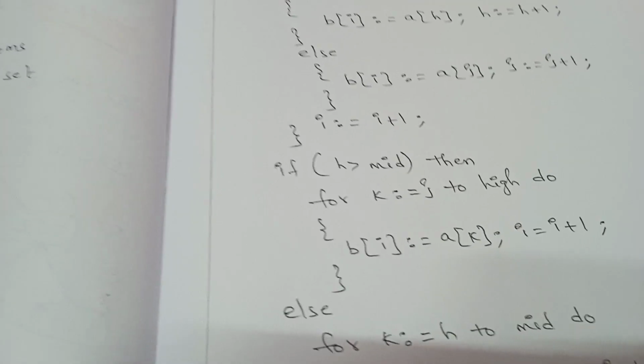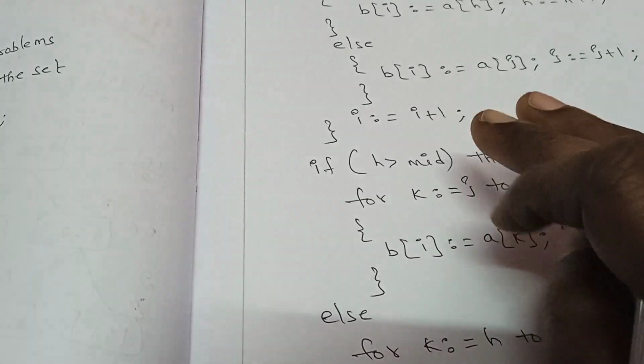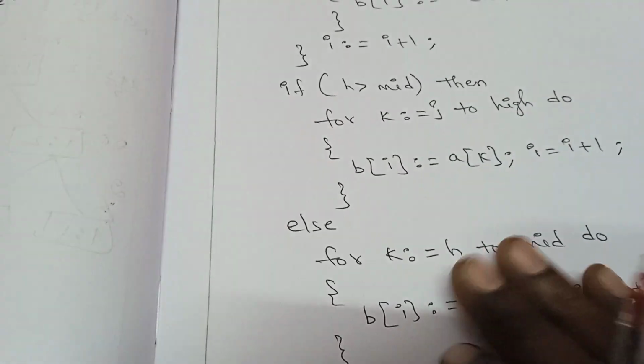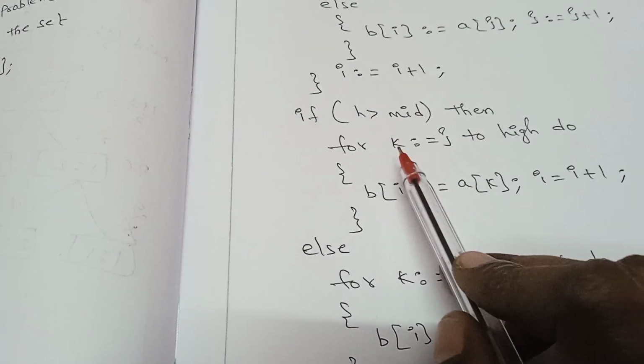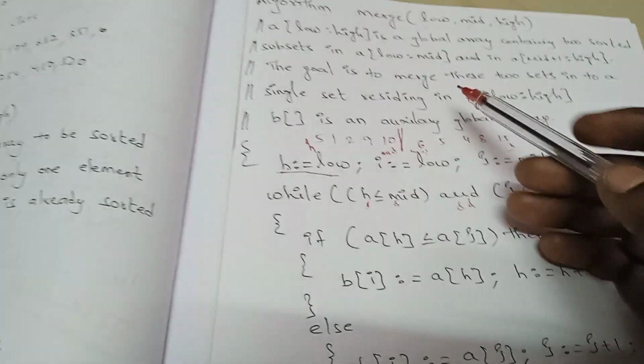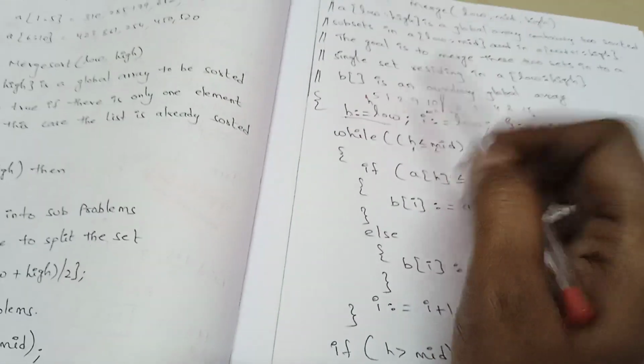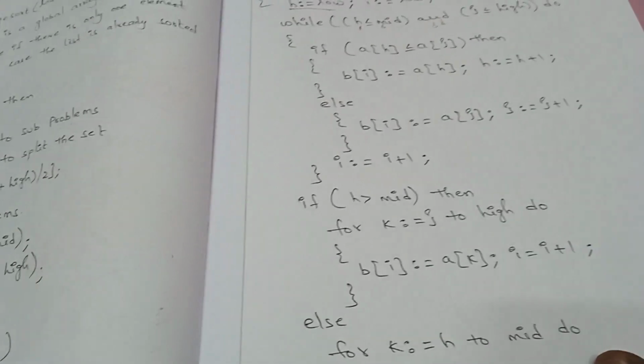This is the first partition, k equal to j means this middle plus 1 partition, and k equal to low means this partition. So this is your algorithm.